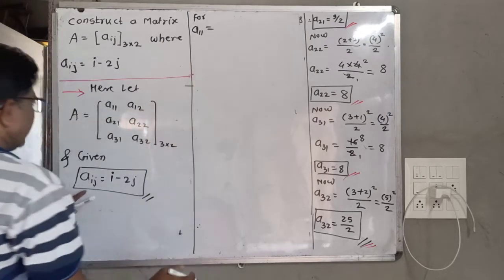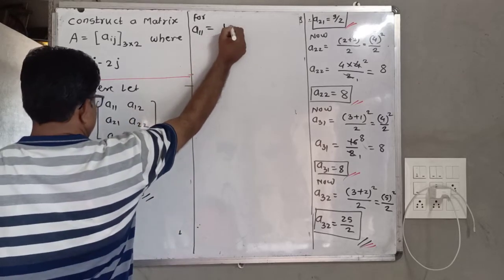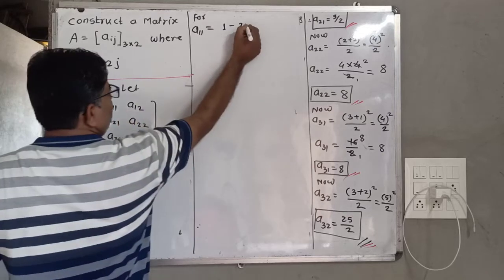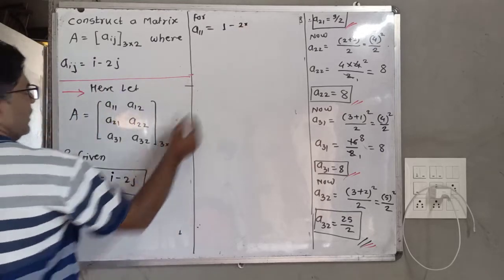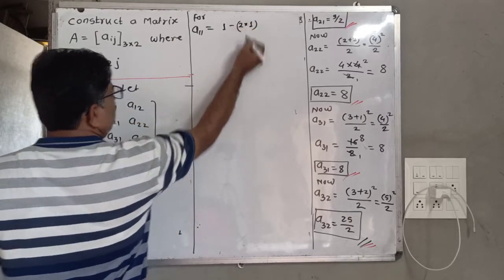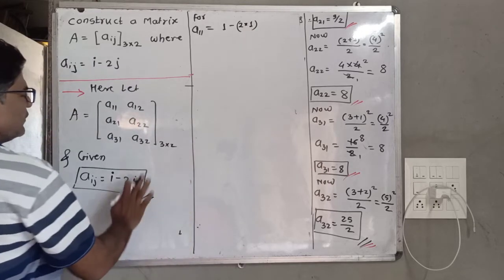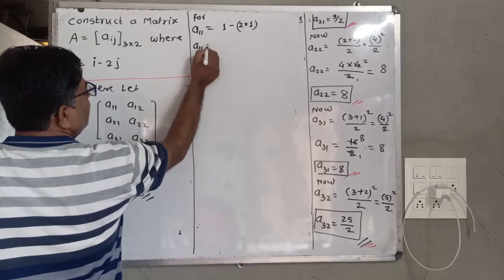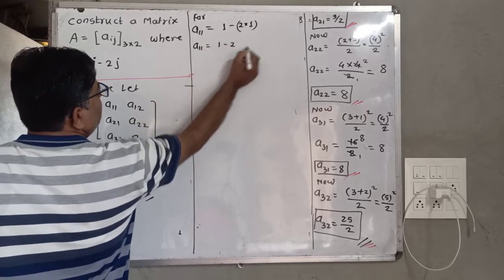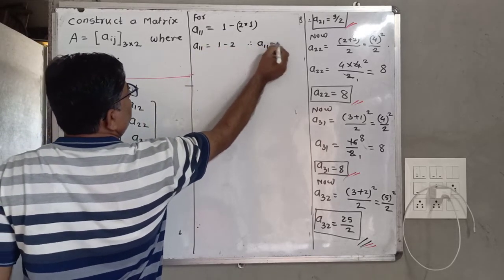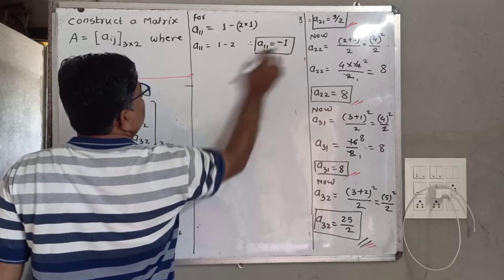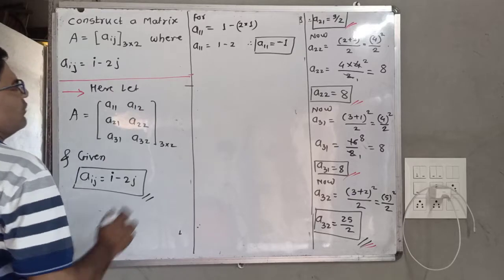Therefore, the value of I is 1, 1 minus 2, here the multiplication sign is imaginary, j, the value of j is also 1. Just putting the value of I and j, A11 equal to 1 minus 2. Therefore, A11 equal to minus 1.